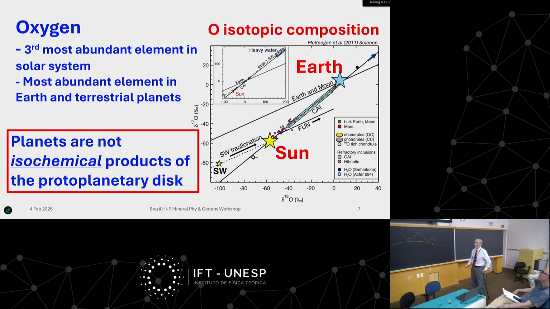We don't plot Mars there, but Mars, Moon, and the Earth are all really tightly plotted right next to each other, and a very good distance away from the Sun. Yet again, one more piece of evidence: stop using the photospheric composition to tell you what the Earth's composition is, because this is demonstrating that we're different from that. Next slide, please.